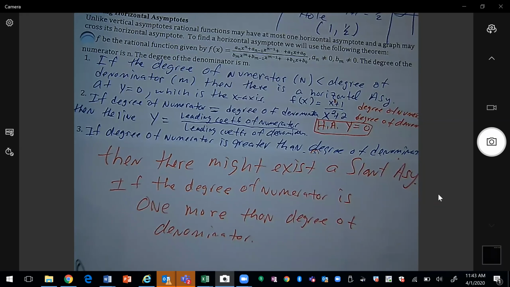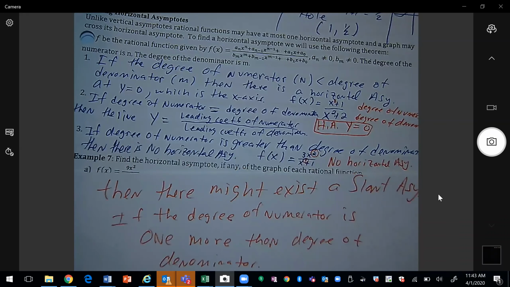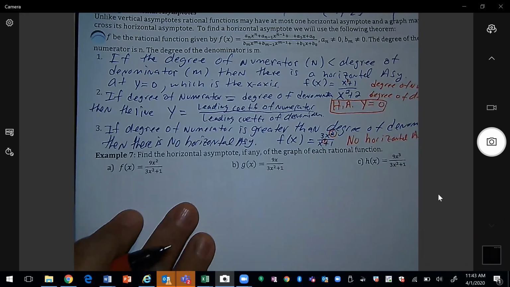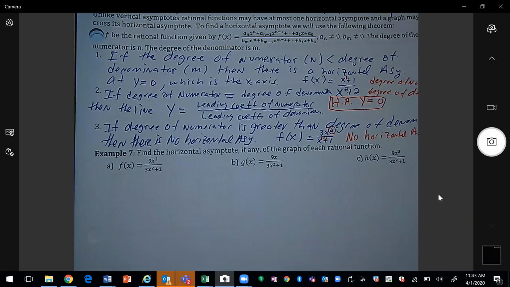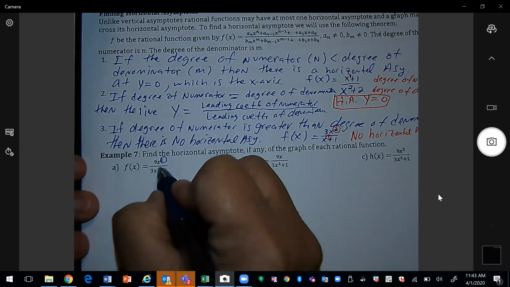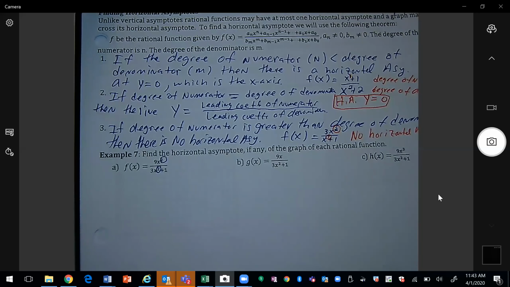Okay, so let me give you a couple of examples, or let's do the ones from the handout, and then I'll add some more if needed. So here it says, find the horizontal asymptote of each rational function. To find the horizontal asymptotes, again, we're looking at the degrees. For this one, we have 9x squared divided by 3x squared plus 1.